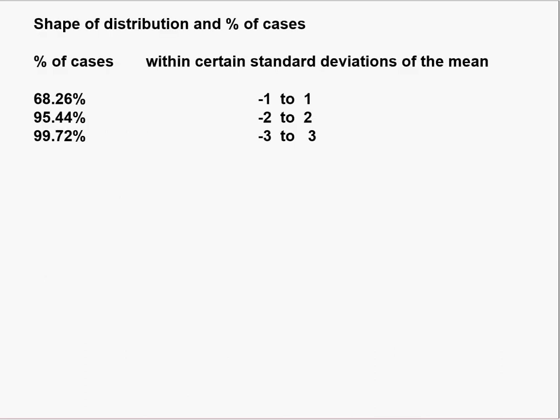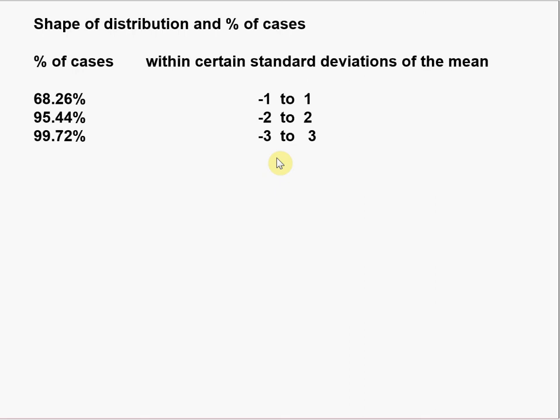Remember, early on we summarized that within certain standard deviations of the mean, you have a certain percentage of cases. From negative 1 to positive 1, you have 68.26% of all cases. At that point, we said it's one standard deviation below the mean to one standard deviation above the mean. Now we can simply say the z-score is negative 1 to z-score positive 1. This is the same thing as one standard deviation below the mean to one standard deviation above the mean. So we already know this.